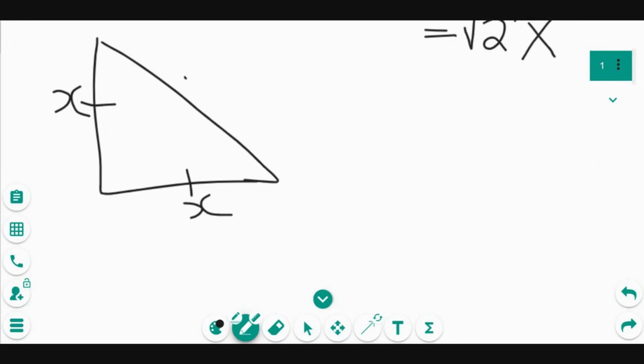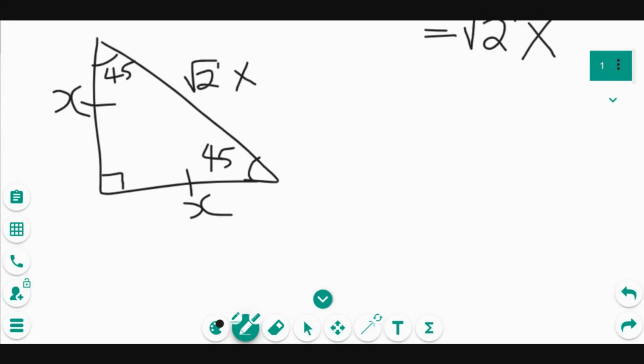We found the length of the hypotenuse as root 2 of x. The x is out of the root because it was an x squared. This is angle 90. These two angles are 45, 45, such that the total angle sum comes to 180.